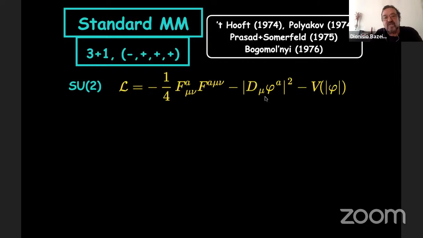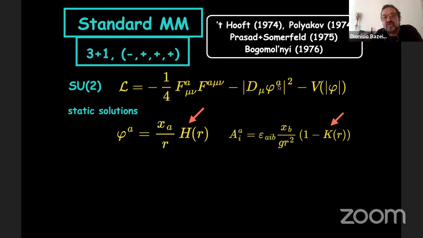Say the covariant derivative is this one. So I have a triple of scalar fields, and also a triple of gauge fields. And I do the ansatz here.